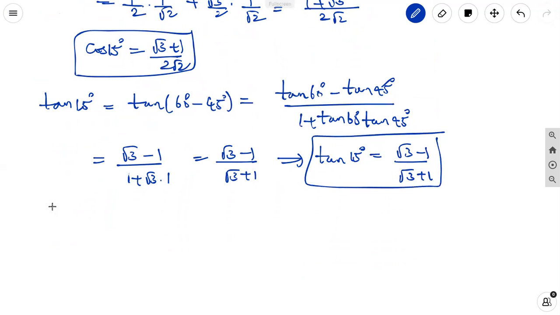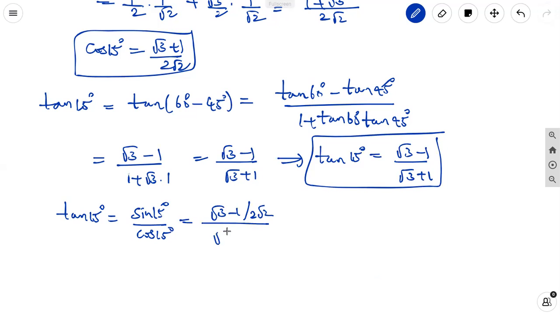And one more thing we can do here: tan 15 degrees equals sine 15 degrees by cos 15 degrees. Sine 15 degrees is root 3 minus 1 by 2 root 2, by root 3 plus 1 by 2 root 2. So we are getting the same value, root 3 minus 1 by root 3 plus 1.